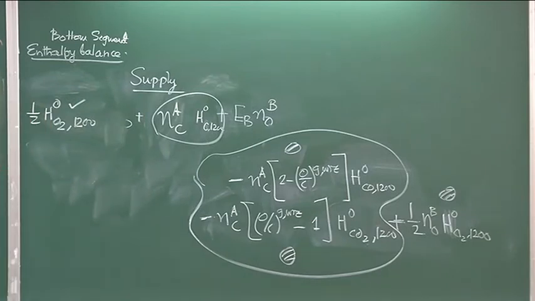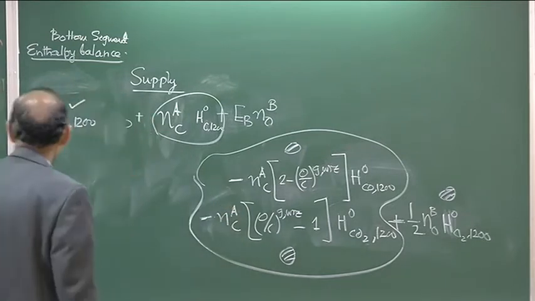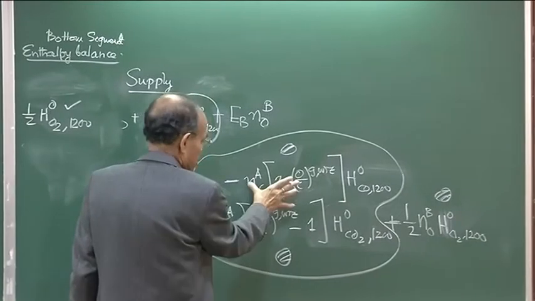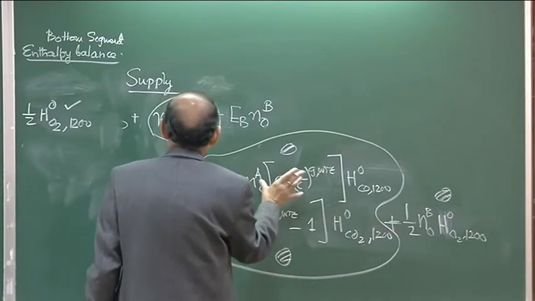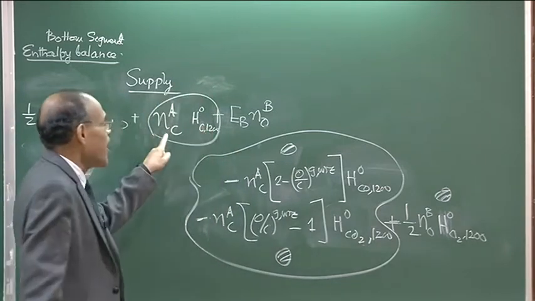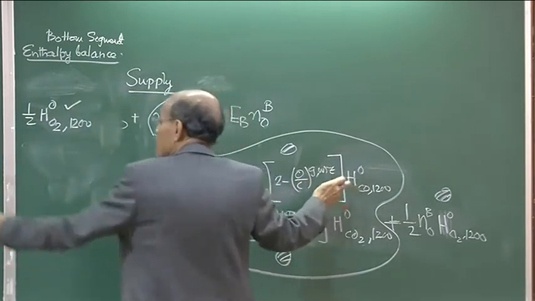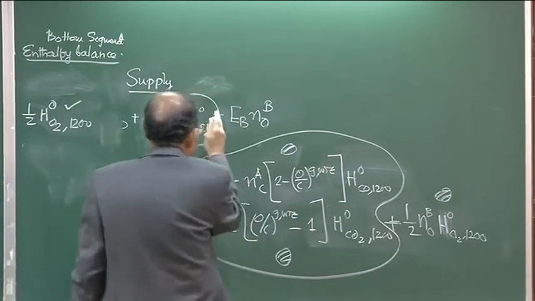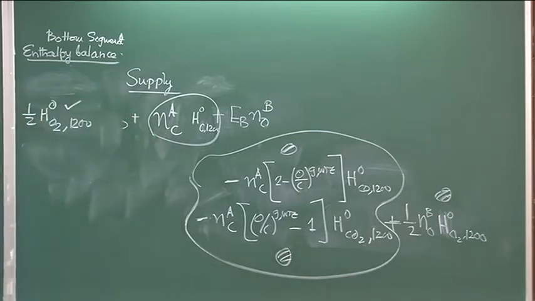On the supply term, you have 13 different terms. The moment you supply here, you have 3 terms. So 3 into 2, from this term itself you will get 6 terms, from this another 6 terms, 12, and then you get 1 more term. So there are 13 terms that will result once the standard enthalpy is substituted in terms of the respective enthalpies, and these terms are all going to be associated with the coefficient NAC.